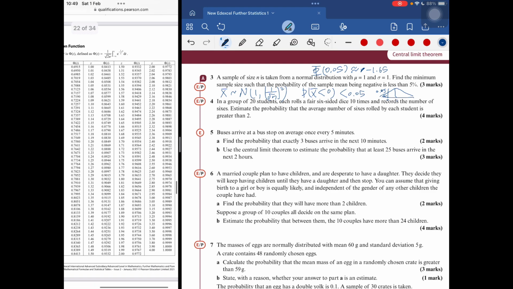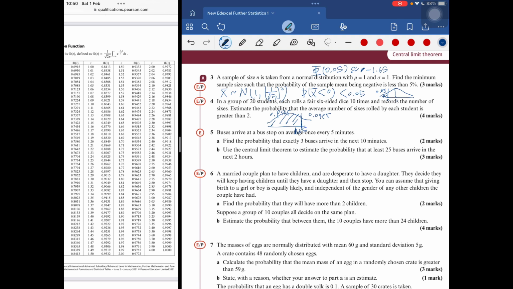So we can think about it like from here until here. This is 1.65, and we can tell this is 0.9505, which means 1 minus 0.9505 is 0.0495.